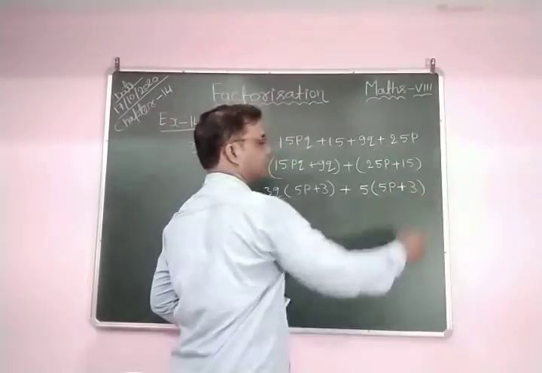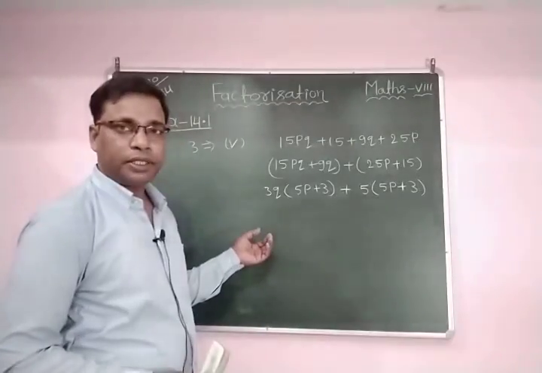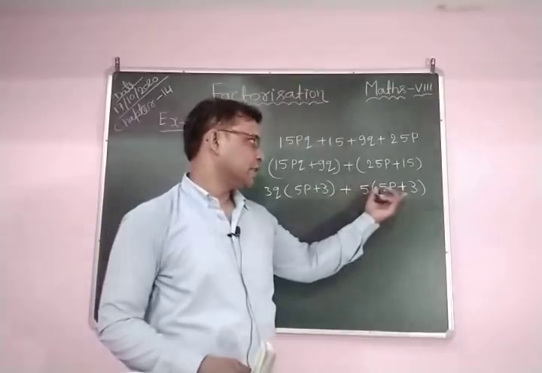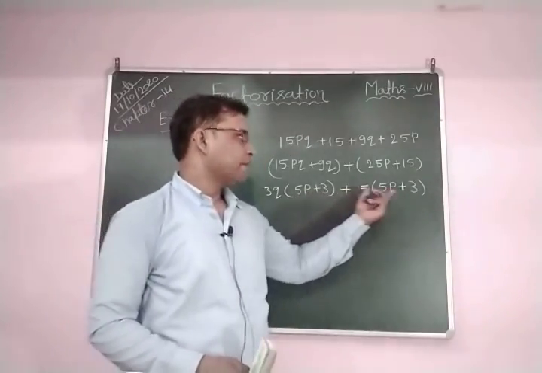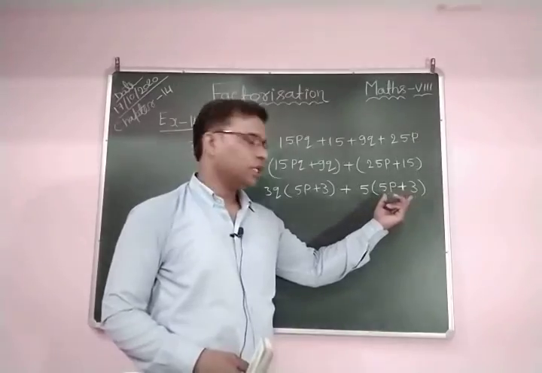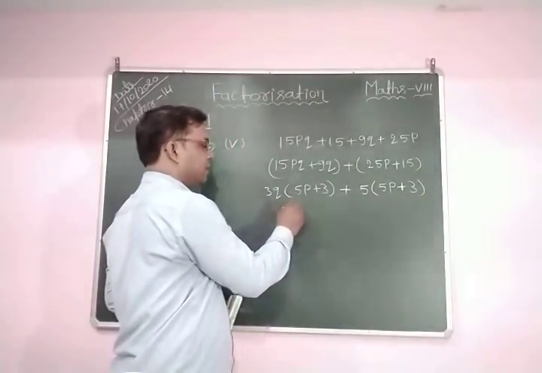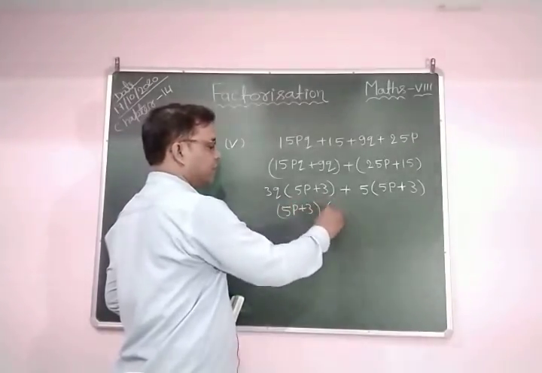Clear? So here you observe that in both terms, this is the first term and this is the second term, 5p plus 3 is common. If you take common 5p plus 3, what is the remaining part?